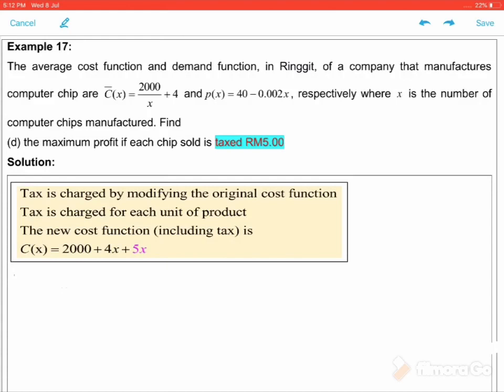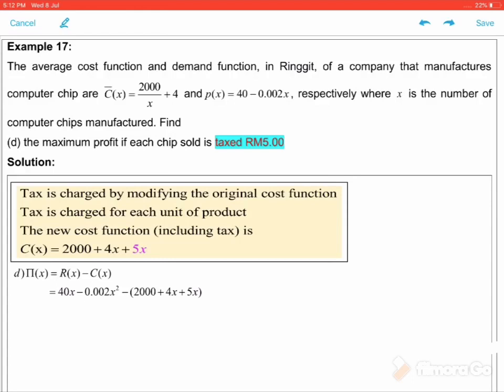Now we have to find the maximum profit, so we have to get the profit function. Since the cost function has changed, the profit function may change also. We substitute our revenue function, which is the same as in part b, 40x minus 0.002x squared, minus our new cost function, which is 2,000 plus 4x plus 5x.